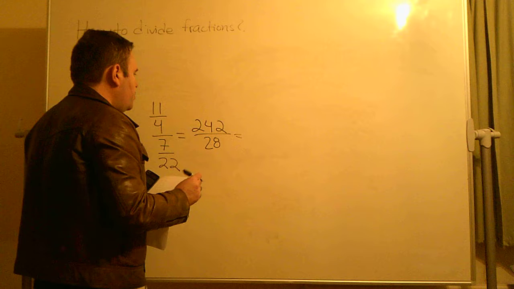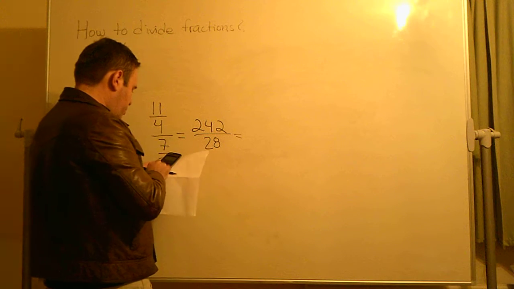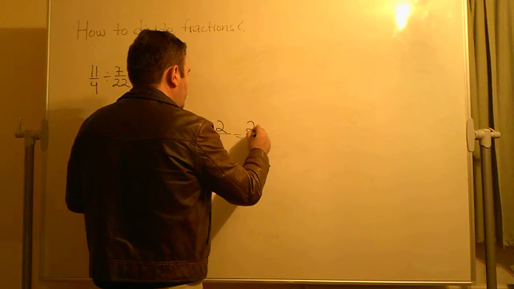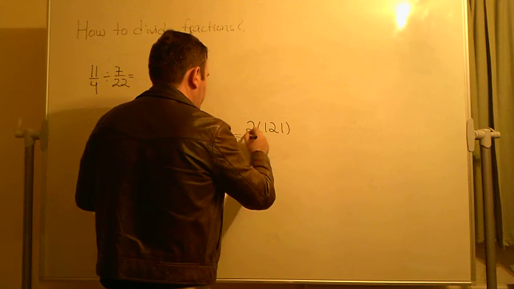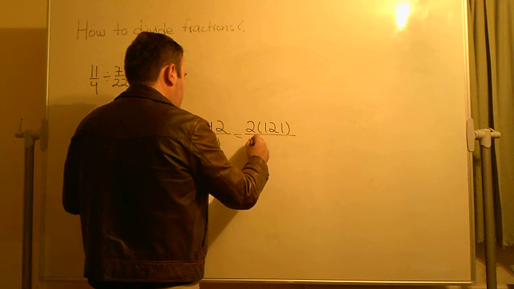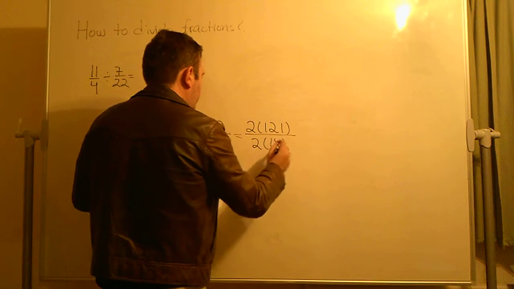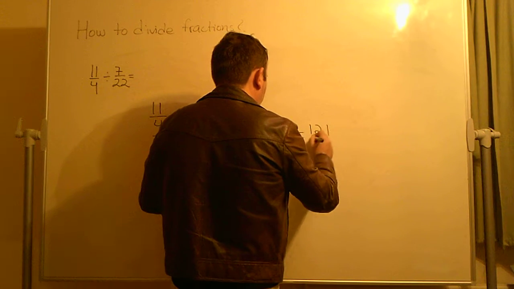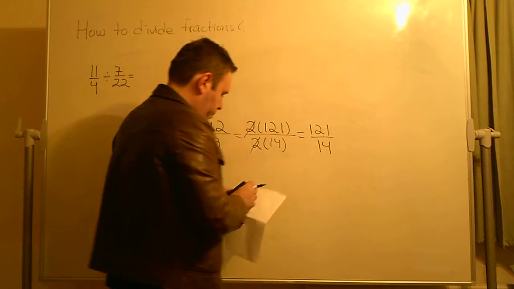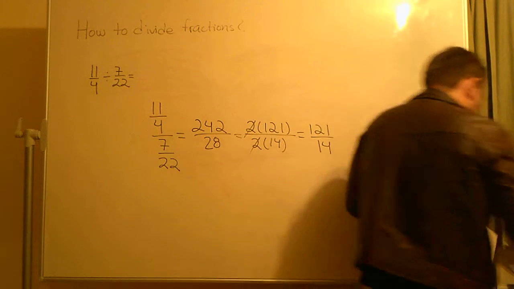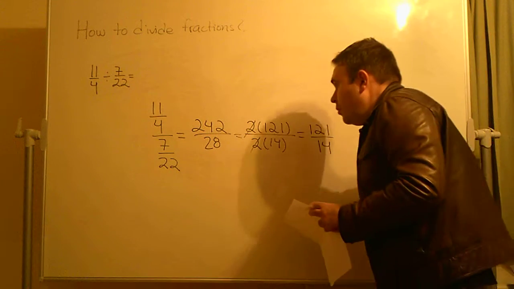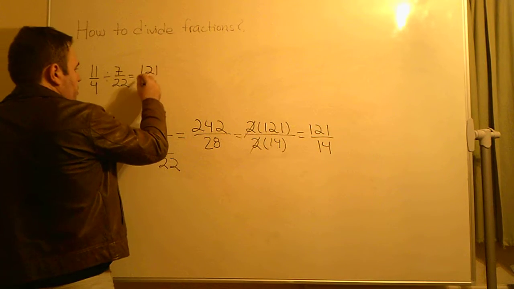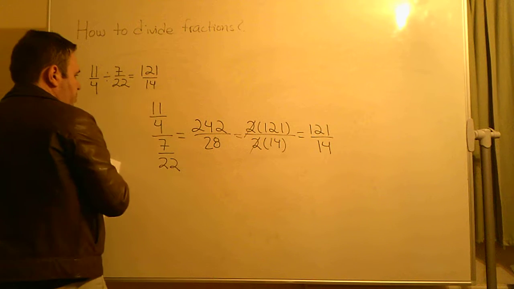Now, it turns out that 242 is 2 times 121, and that 28 is equal to 2 times 14. So 2 divided by 2 is 1, and then the final result will be 121 divided by 14.